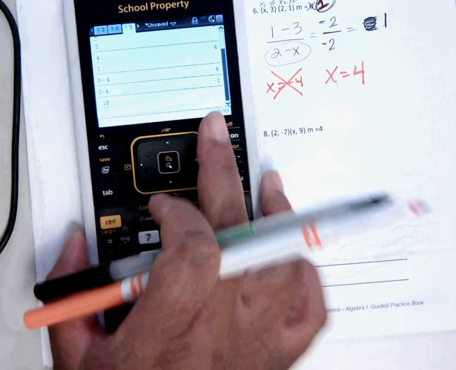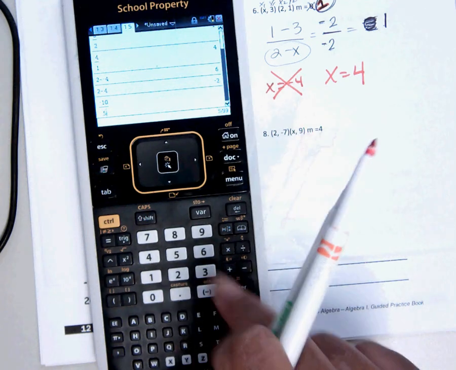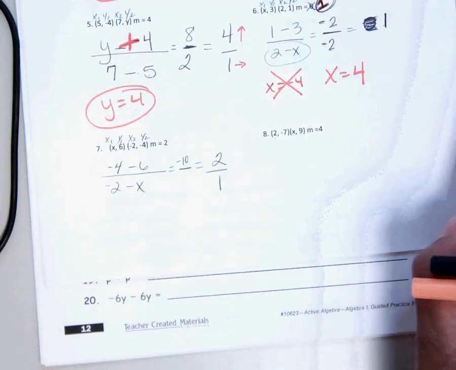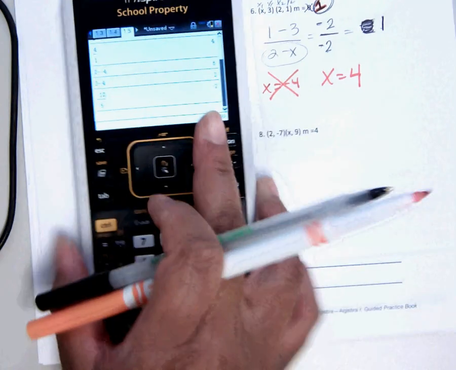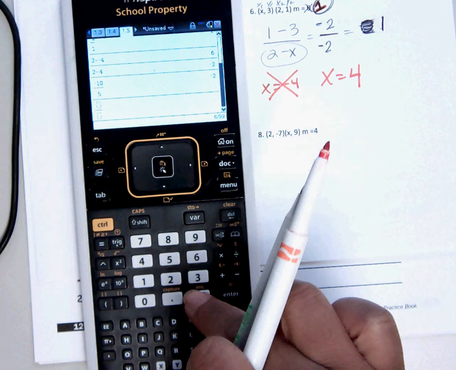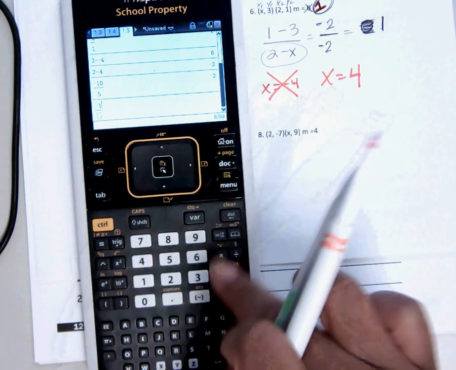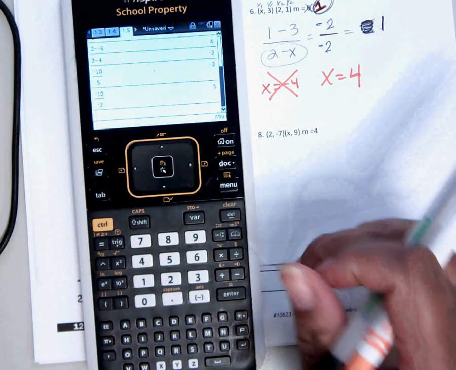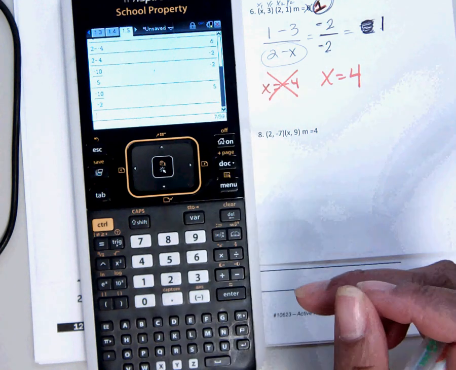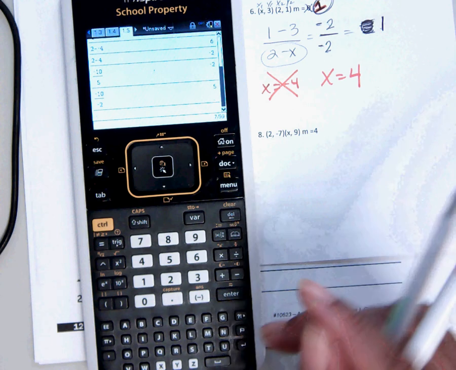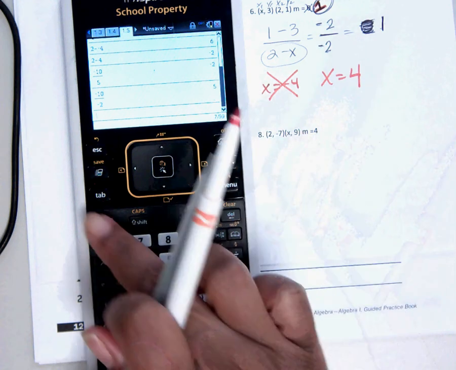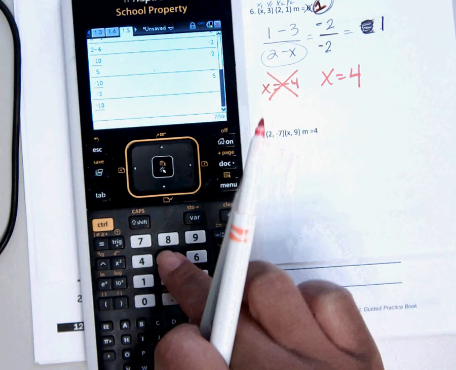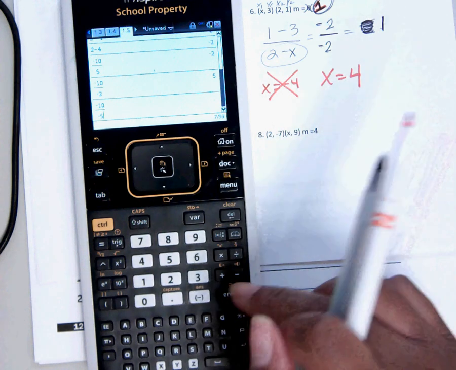So let's try. What about 5? That gave me a negative 2. I need a positive 2. Control divide, negative 10 over negative 2. We press enter. What did I do wrong? You're absolutely correct. I should have divided by negative 5 because I need a negative 2.